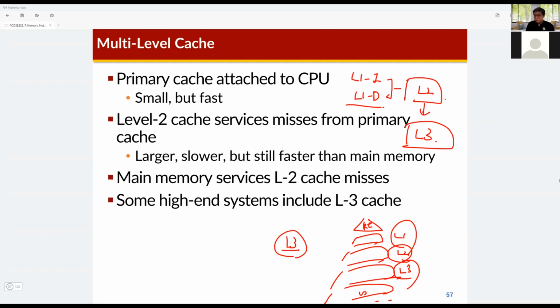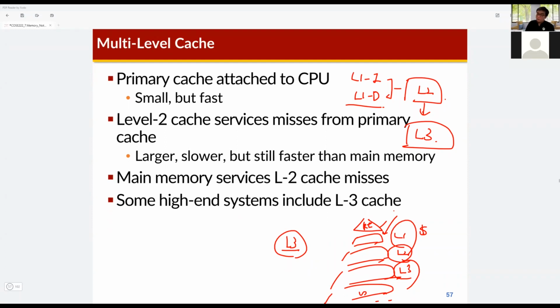But we want very fast memory. The register file is the fastest memory, but what's the problem? The size is very small. So we can add a cache like the L1 cache, but if we increase the size of the L1 cache, the performance can be degraded because it will take a long time.